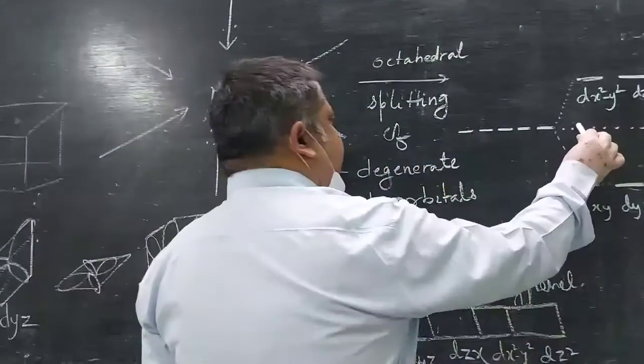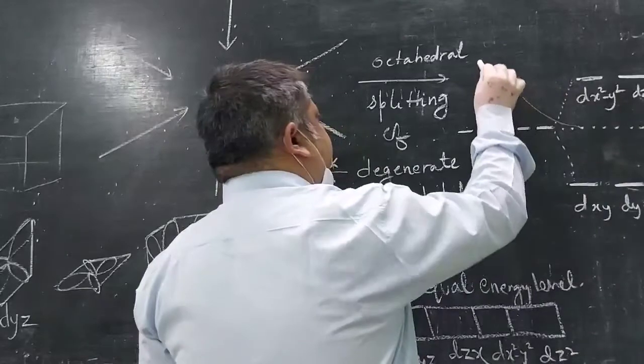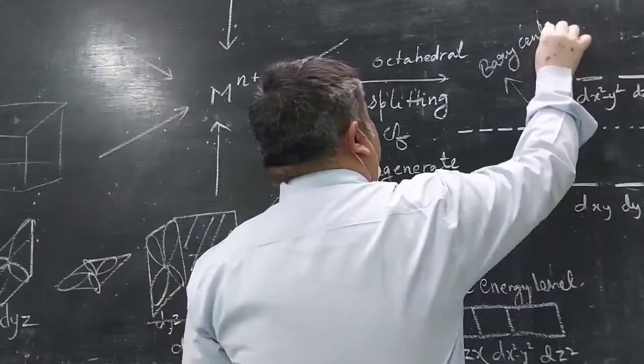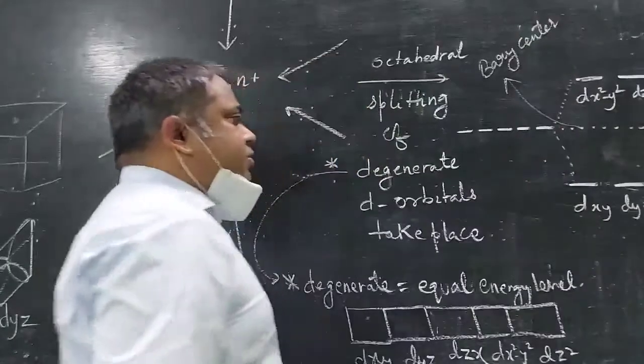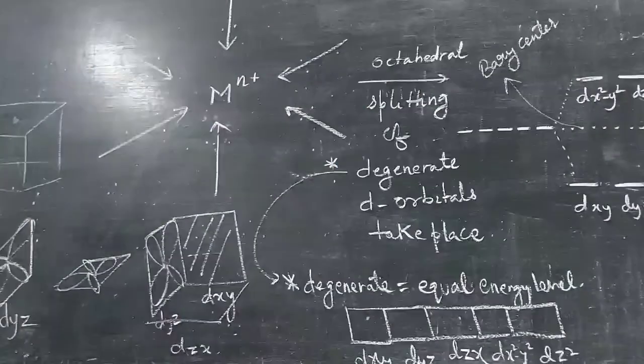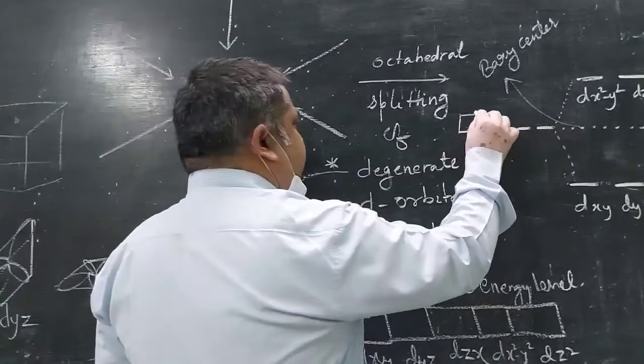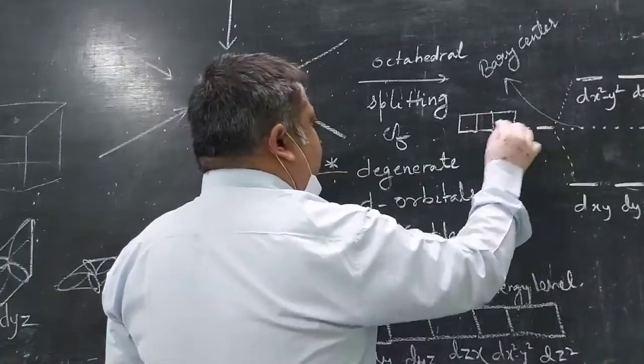This average energy level is called the barycenter. It is just like the center of mass of the d orbitals. You can make boxes also, no problem.